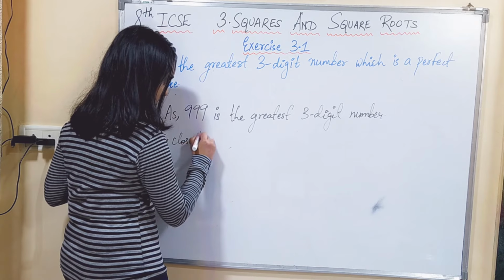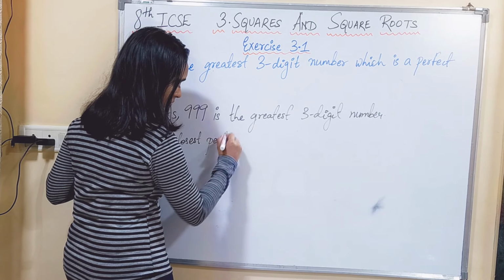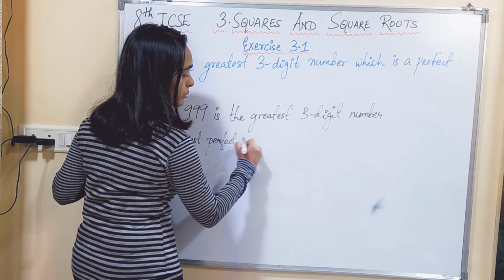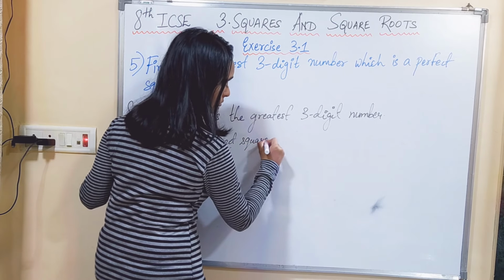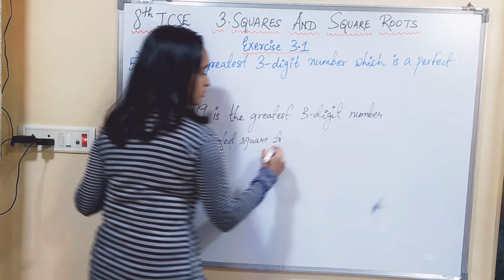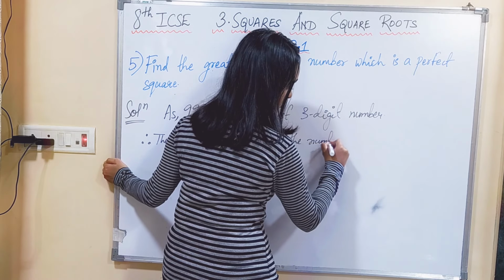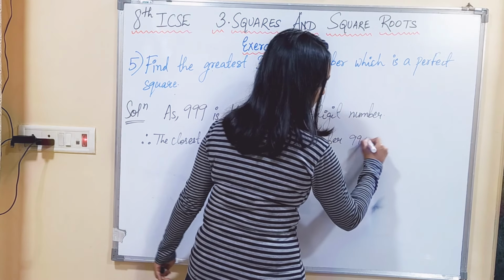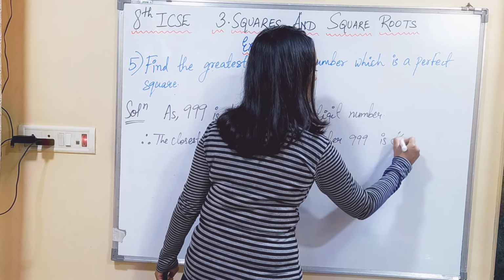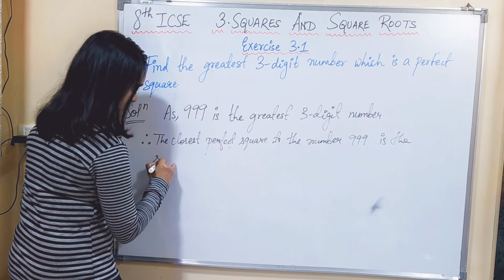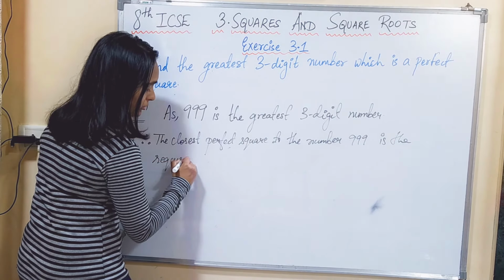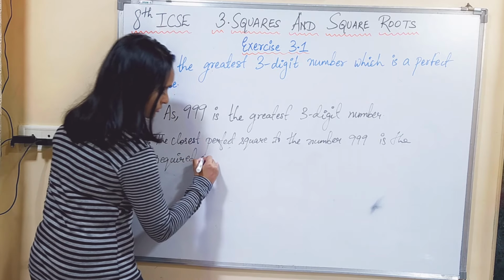the closest perfect square to the number 999 is the required number, or is the required perfect square we want.